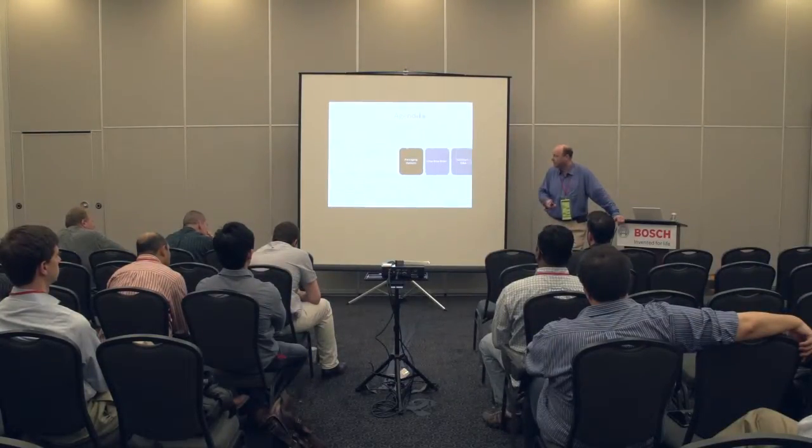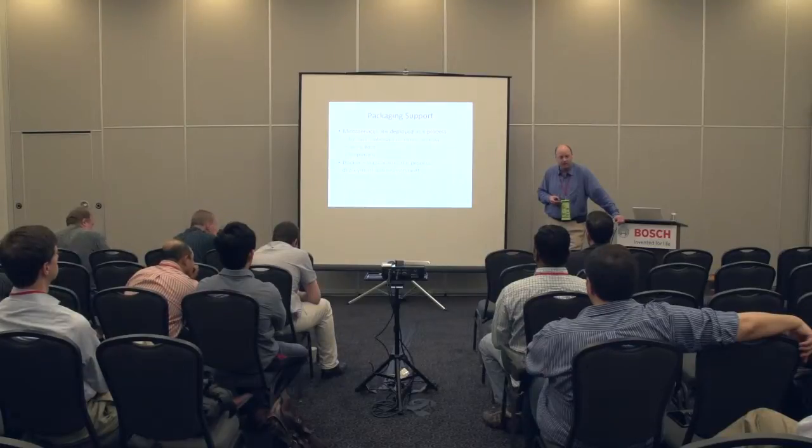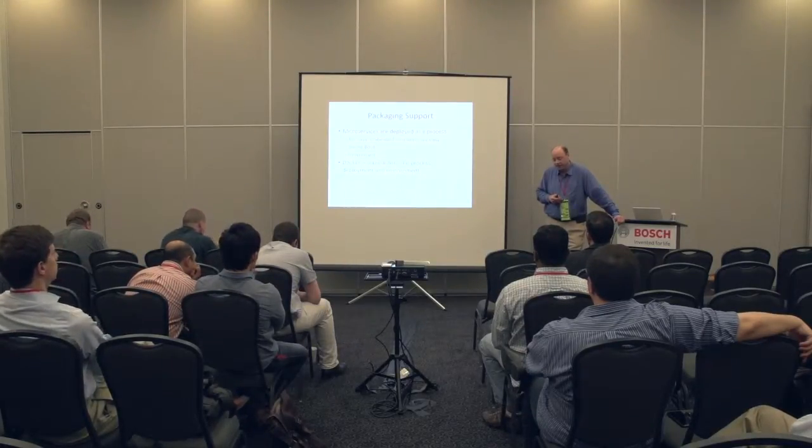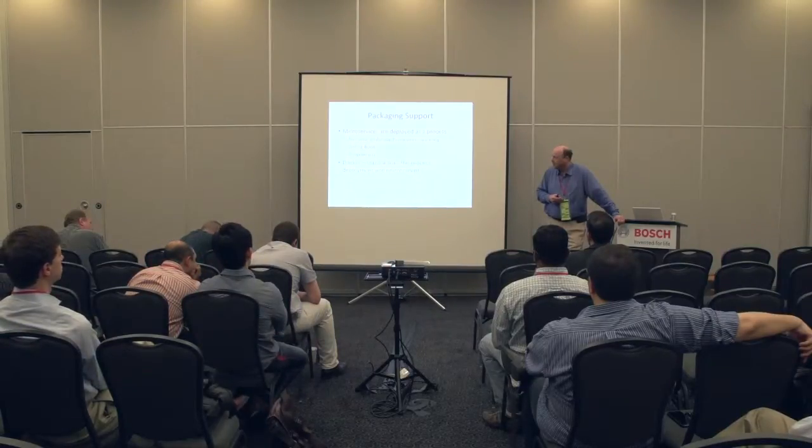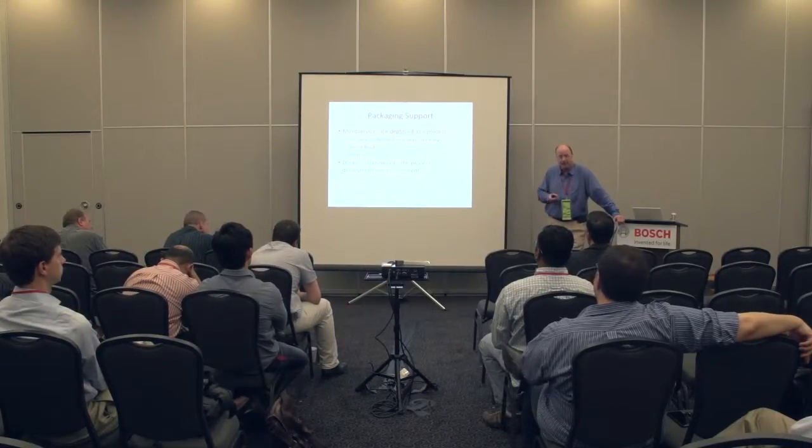Okay, packaging options. For Java, since microservices run in a single process, typically you'll use something like Spring Boot, or Spring, or Dropwizard to wrap up your application in an embedded container so that you've got basically one deployable.